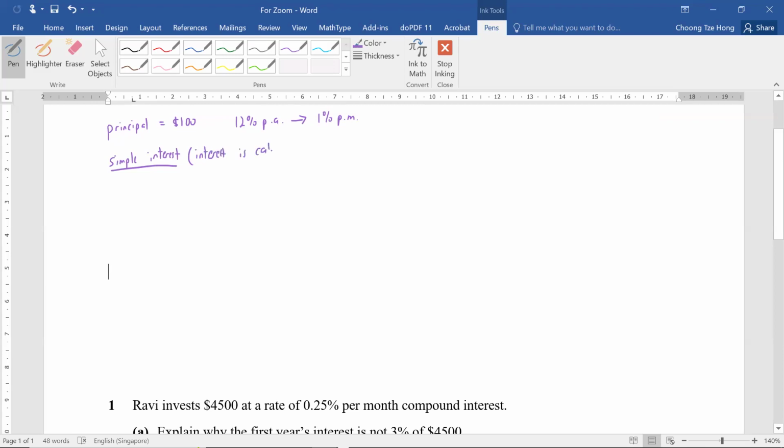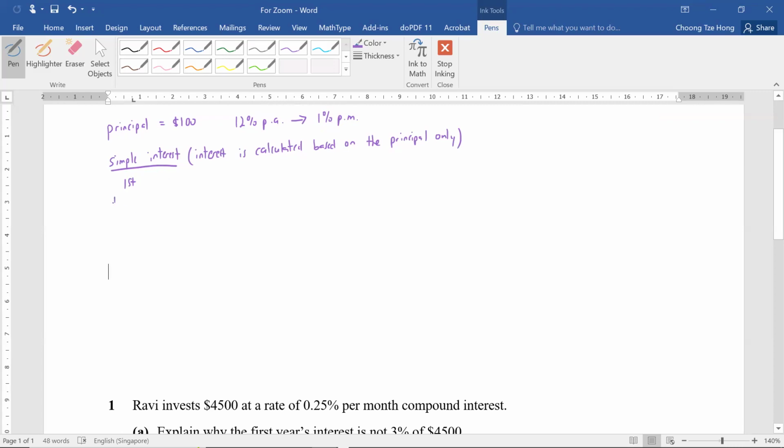So for the first month, remember the interest rate is 1% per month, right?